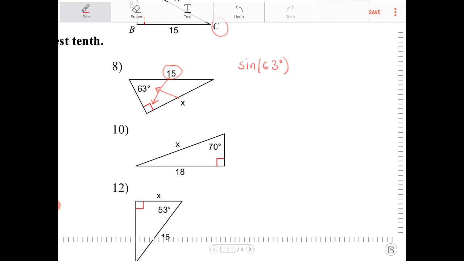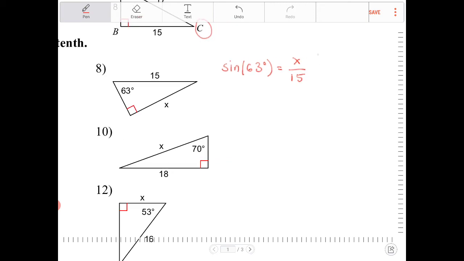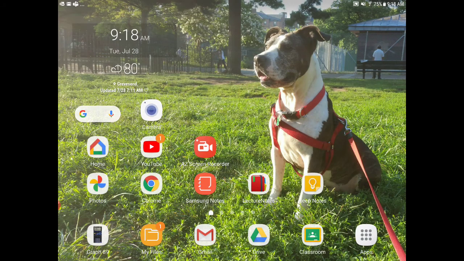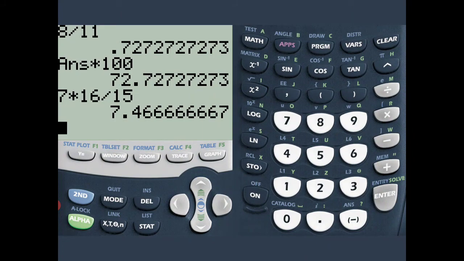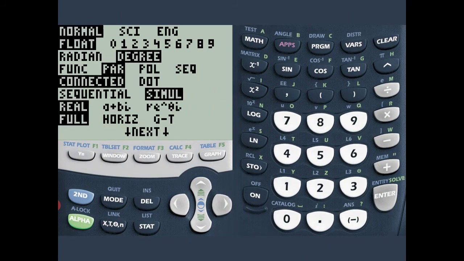So sine of 63 is equal to opposite over hypotenuse, x over 15. Because sine of 63 is equal to x over 15, I can then figure out what this sine of 63 is using my calculator. So in your calculator settings, you're going to press mode.